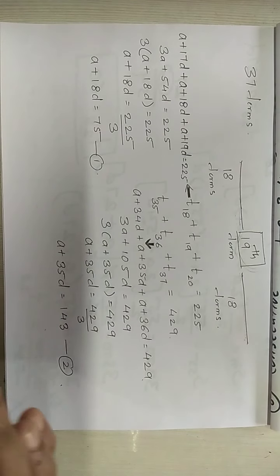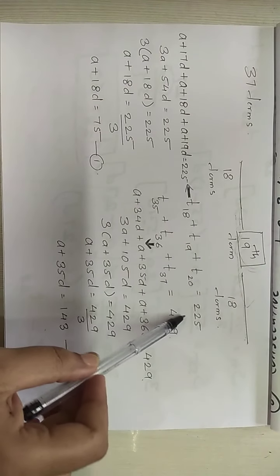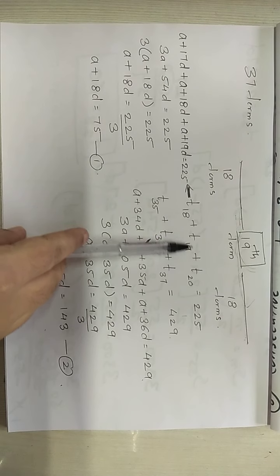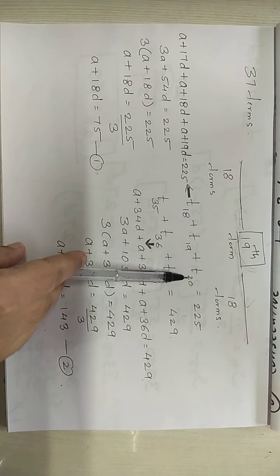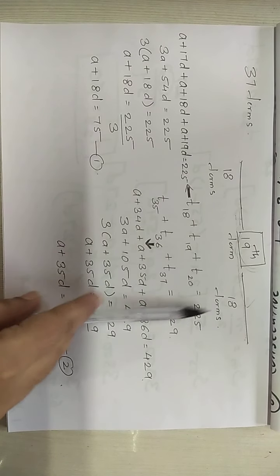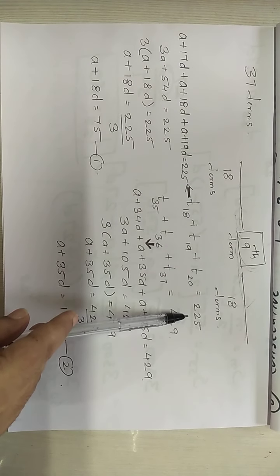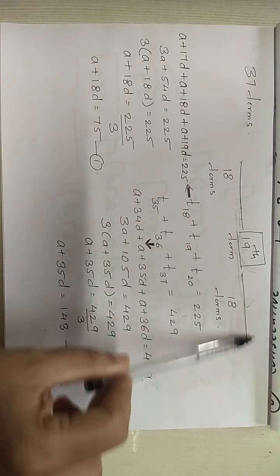Further they have said that in the center, the total of the 3 terms is 225. So in the center we have T19, on the left of T19 is T18, and on the right of T19 is T20. So the total of these 3 is given as 225, the exact center 3 terms. And the second condition which they gave is the last 3 terms.